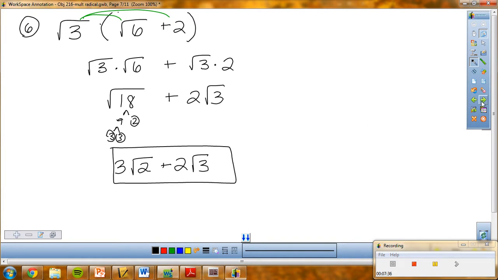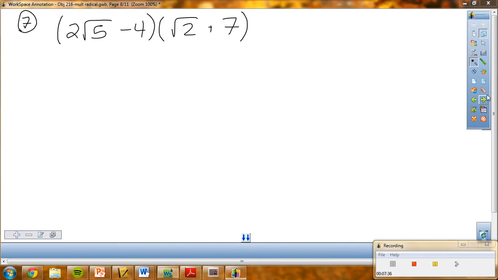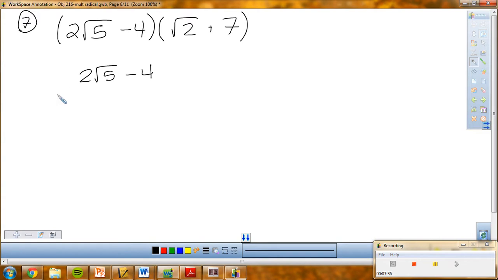Let's try one more example, getting a little more difficult. Now we have a binomial times a binomial. The rules still apply. This is a case where we want to use our box method. So I have 2 to the square root of 5 minus 4, and the square root of 2 and positive 7.